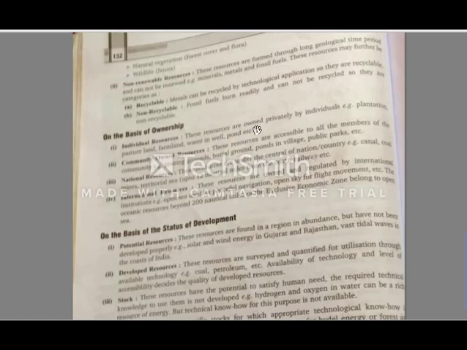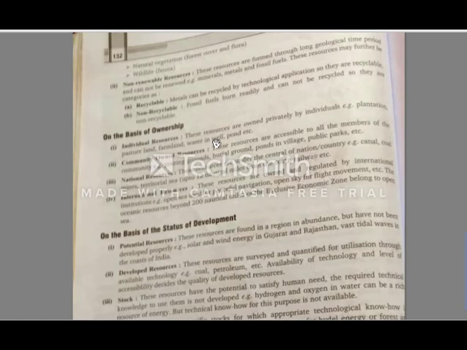These resources are owned privately by individuals, that is plantations, pasture land, private land, farmland, water in wells, ponds, etc. If a private farmer or individual has these things, they are considered individual resources.